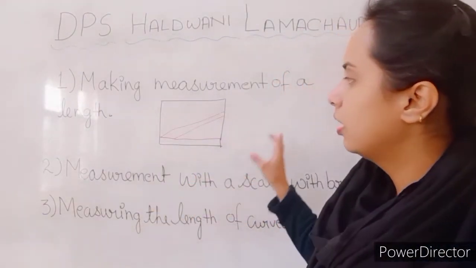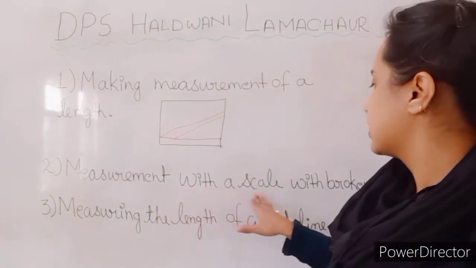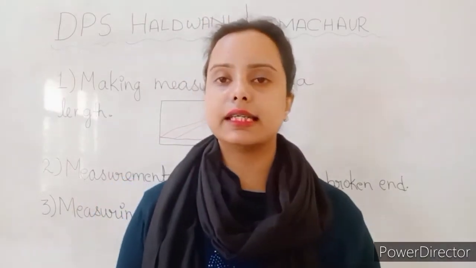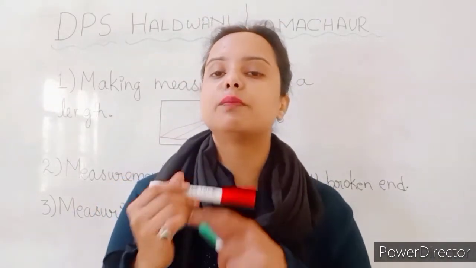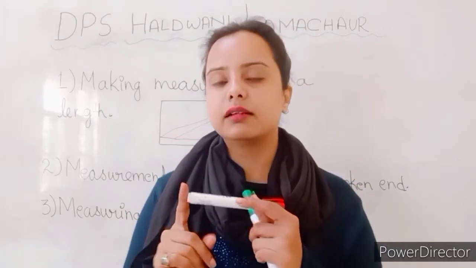Now the next one is the measurement with a scale with a broken end. For example, if the end of the scale is broken from the back side, then it's okay.